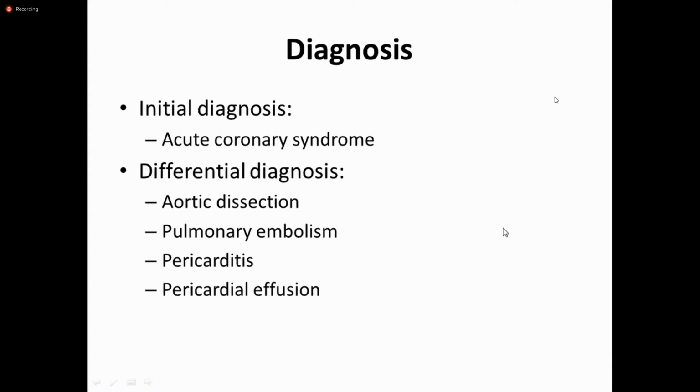I understand that when you take history and do the physical examination, you really focus and know about the differential diagnosis, because we don't want to miss aortic dissection. For every 1 hour we miss the diagnosis of aortic dissection, the mortality increases by 2%. So aortic dissection is one of the most important topics of differential diagnosis.